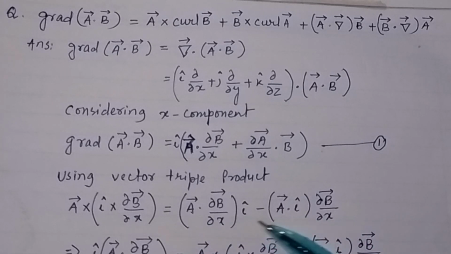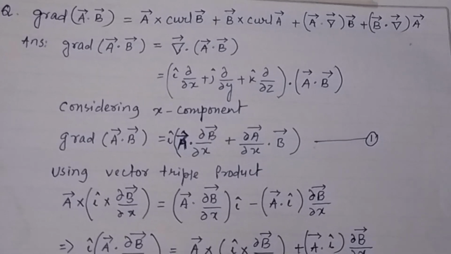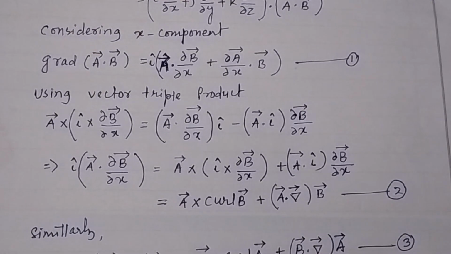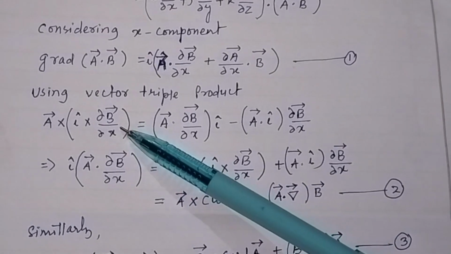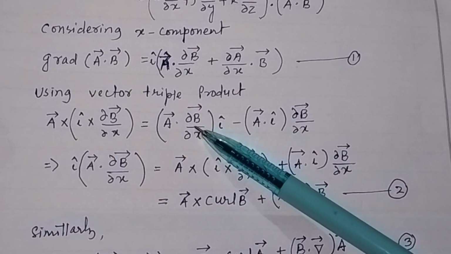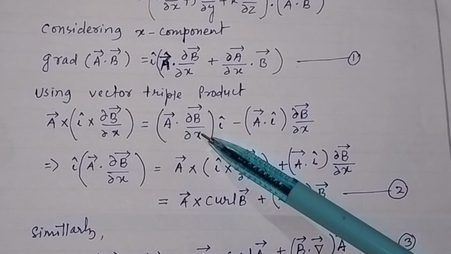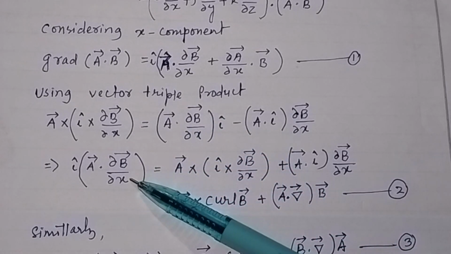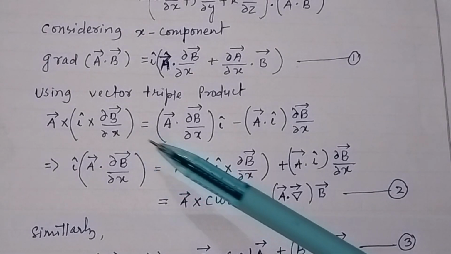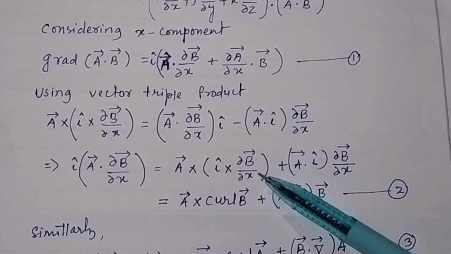This we have proved in a previous video, commonly known as the BAC CAB rule. So using that rule you can find out the vector triple product. So if you take this one, that is i cap A dot partial derivative of B with respect to x, to the left hand side, then the vector triple product goes to the right hand side.